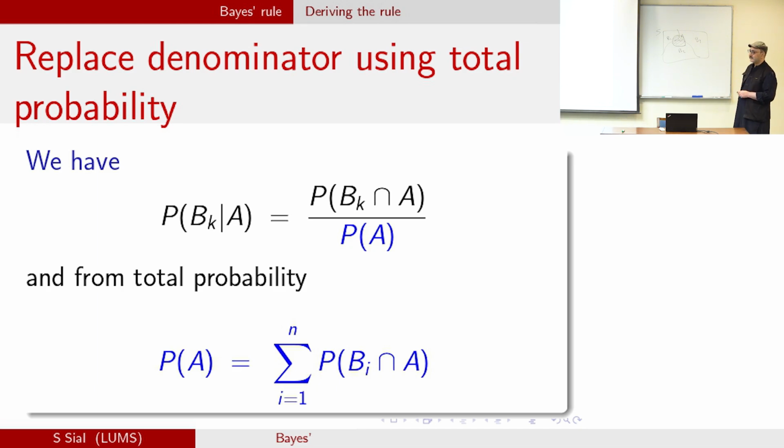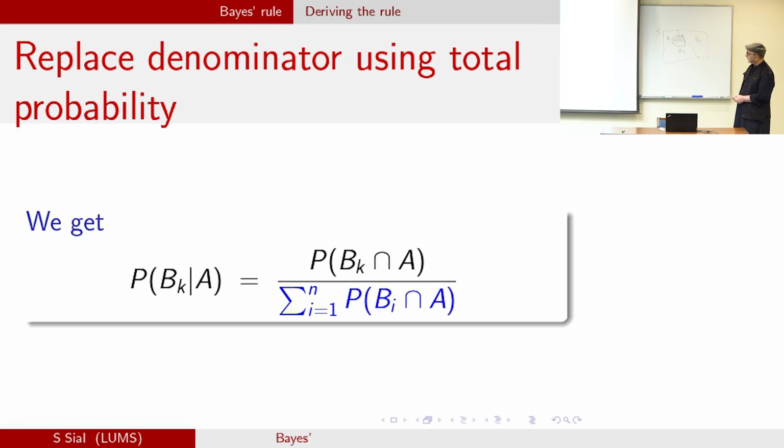Is there a question? Okay. All right. So we replace the bottom here using this total probability idea. And now the probability of BK given A is equal to probability of BK intersection A divided by the probability of A, which has been rewritten using this partition and the idea of total probability. Okay?